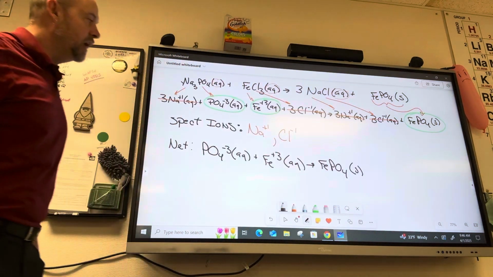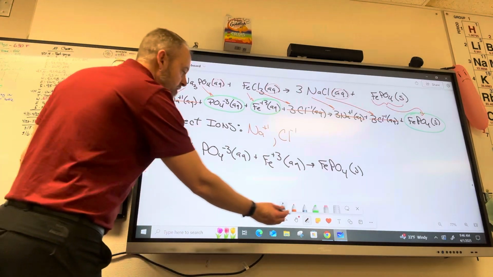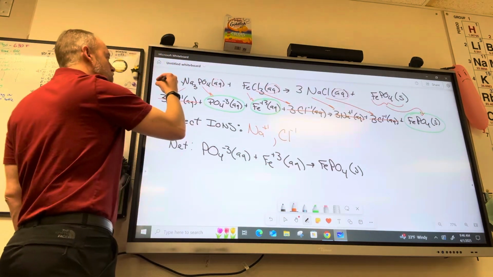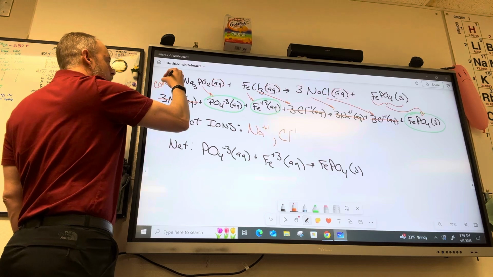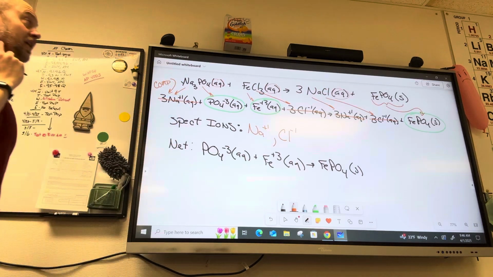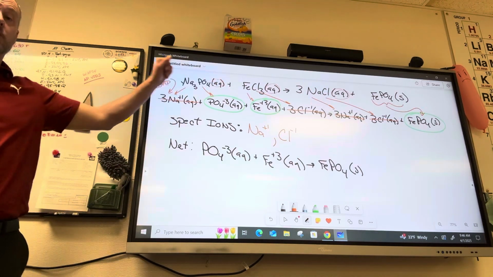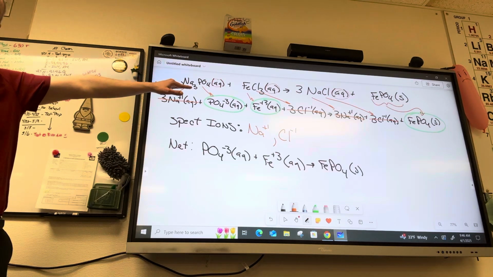And we are done. So this right here would be a complete ionic. This could be my skeletal equation. This would actually be a balanced skeletal equation.